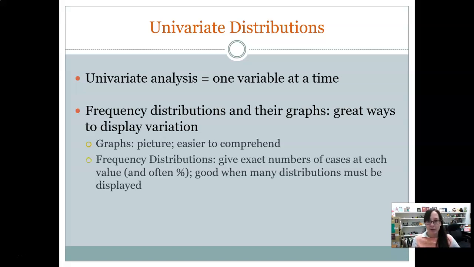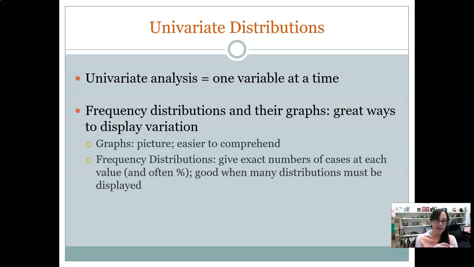Graphs are really advantageous because they provide that quick, easy to understand summary. However, another way you can summarize your univariate analyses is through frequency distributions. Frequency distributions give the exact number of cases, or a percentage, or sometimes both, depending on how it's presented. It basically provides each variable and says what the proportion of each level of that variable is.